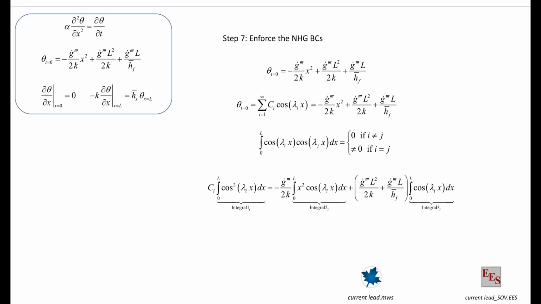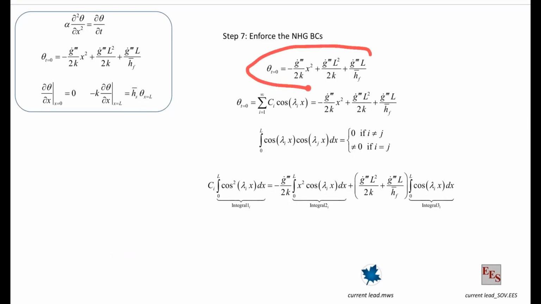So our initial condition is given here. Right? This is our initial temperature profile, which is the temperature profile due to the generation, right? It's at steady state generating, and then we sort of turn off the generation. So this temperature profile here is our initial temperature profile. Okay. So we have to plug that in.